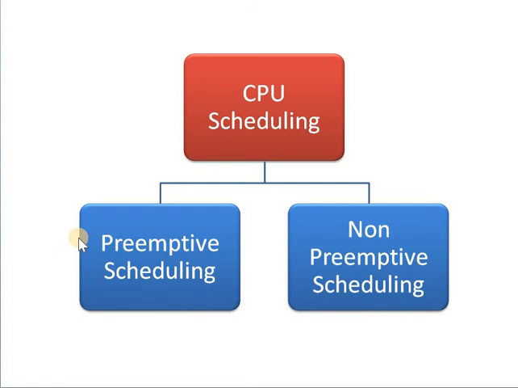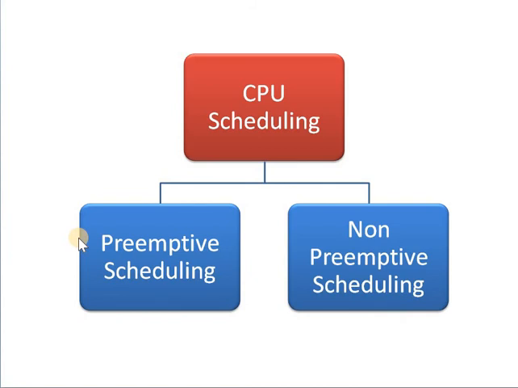After the higher priority process completes, control transfers back to the lower priority process, which resumes. This is preemptive scheduling.